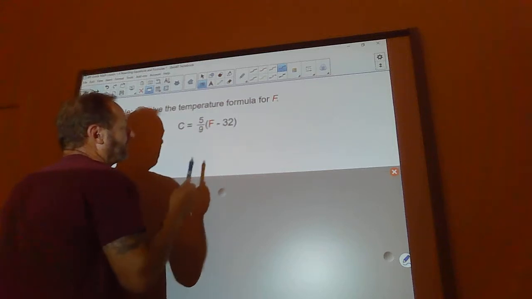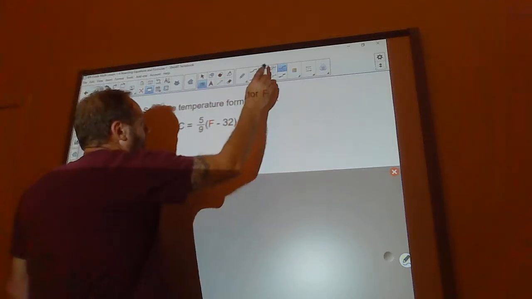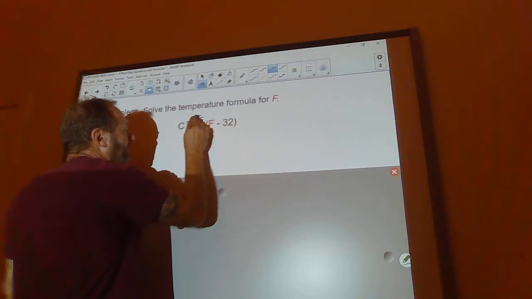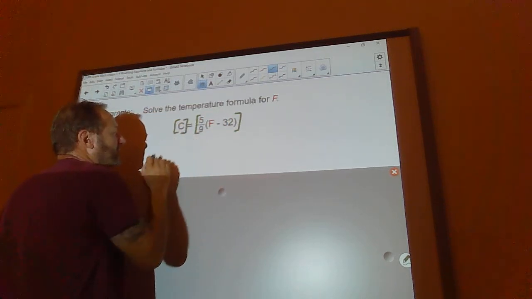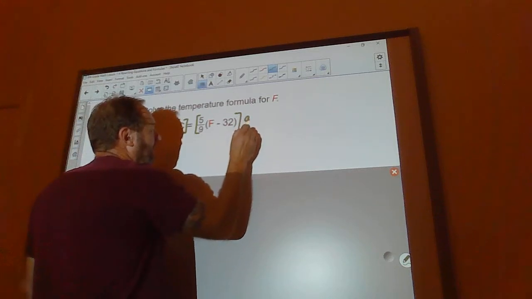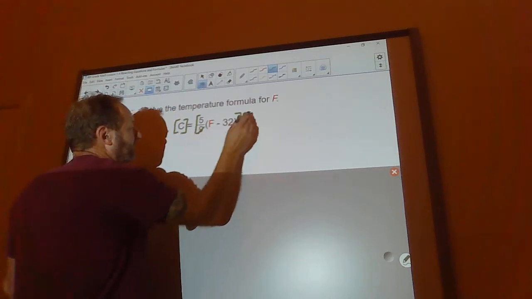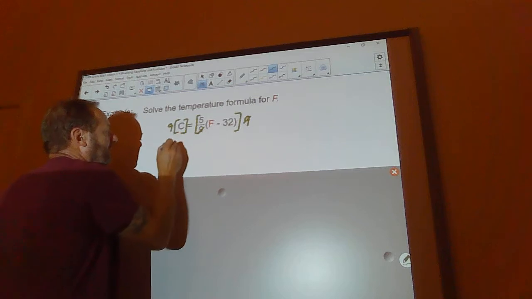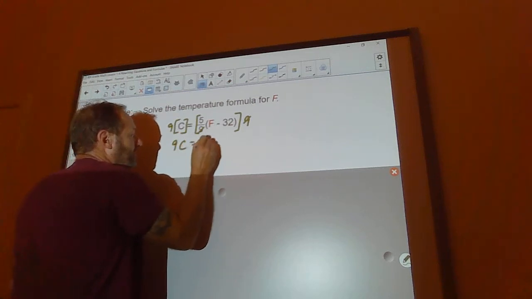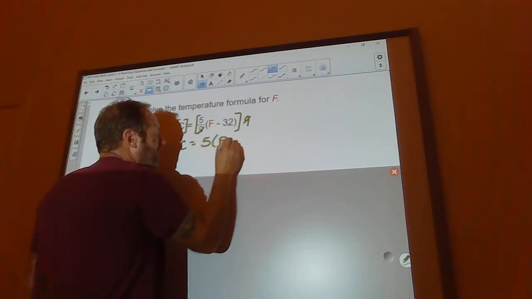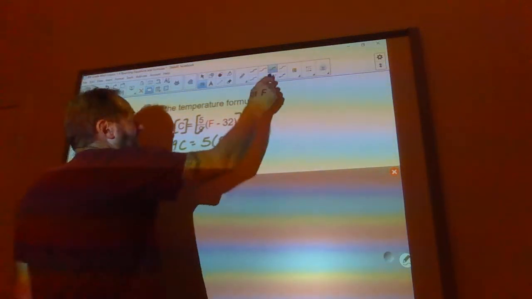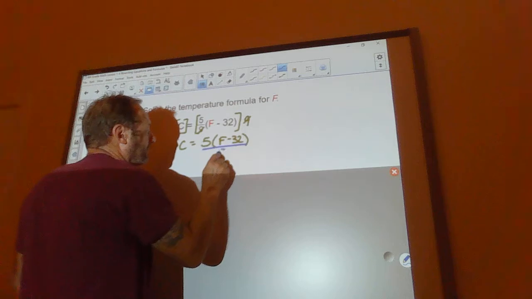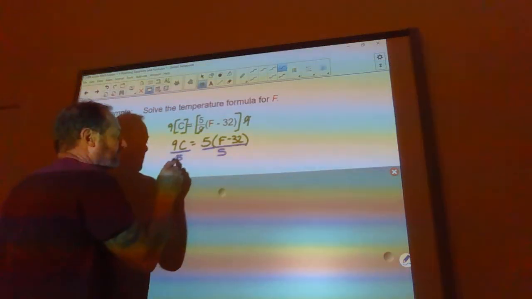Okay, so I can do this in 1 or 2 steps. It doesn't matter. I could take both sides of this equation and multiply by 9, because that would cancel this out. And I would get 9C equals 5 times F minus 32. And then I could divide by 5 to get rid of the 5.